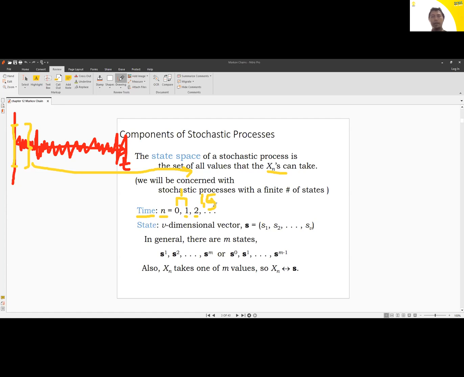Anyway, the state is a condition representing a certain value, a number of values, let's say a d-dimensional vector S. This is the state condition. In general, as mentioned, the state is a d-dimensional vector, so the number of elements is d.